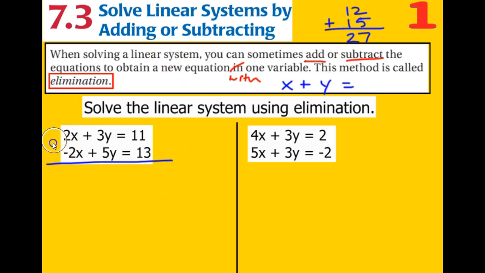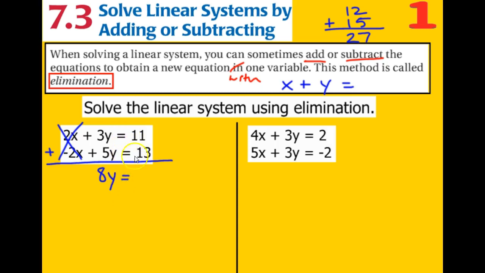Now, for this one, we need to decide, are we going to get rid of the x's or the y's? Well, the x's are the same number, so I'm going to add them together because a positive 2 and a negative 2 will eliminate or go away. Then we have 3y plus 5y gives us 8y.